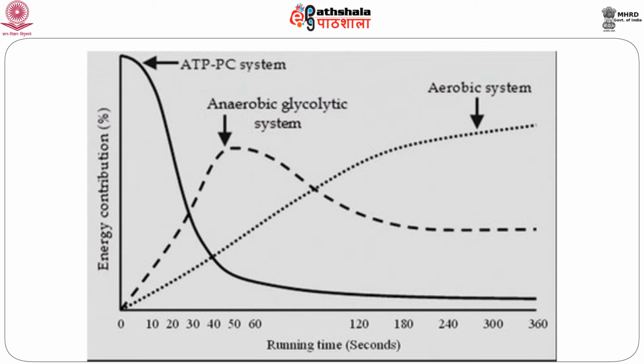The higher the intensity of the exercise, the quicker the anaerobic systems will be depleted. For exercise to continue once the anaerobic systems have become significantly depleted, the intensity of exercise needs to drop to a level that allows the aerobic system to provide enough energy.